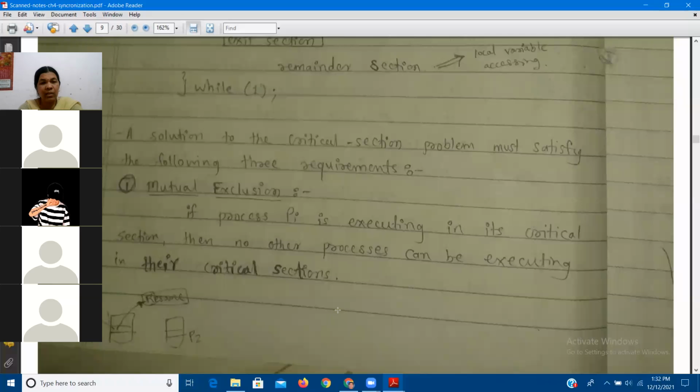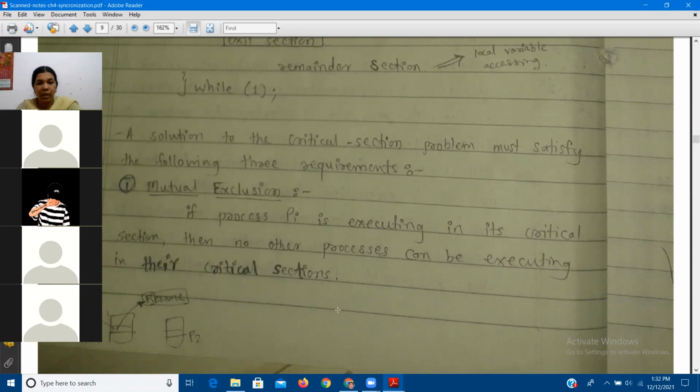As I said, 10 students and 1 printer. Roll numbers 1 to 10 want to utilize the single printer. Roll number 1 may be utilizing the printer. During that time interval, roll numbers 2 to 10 should not use the printer, in the sense they should not enter their critical section. They have to wait because roll number 1 is using the printer.